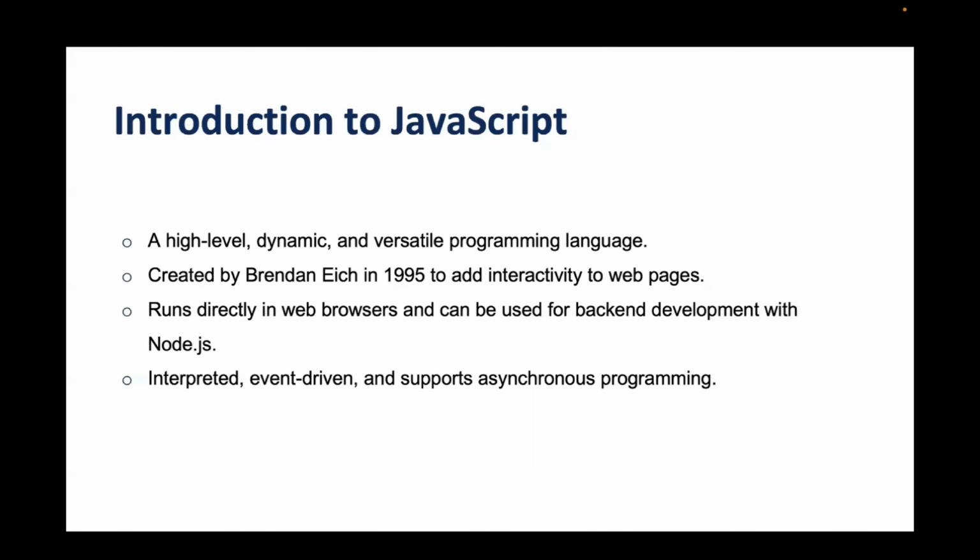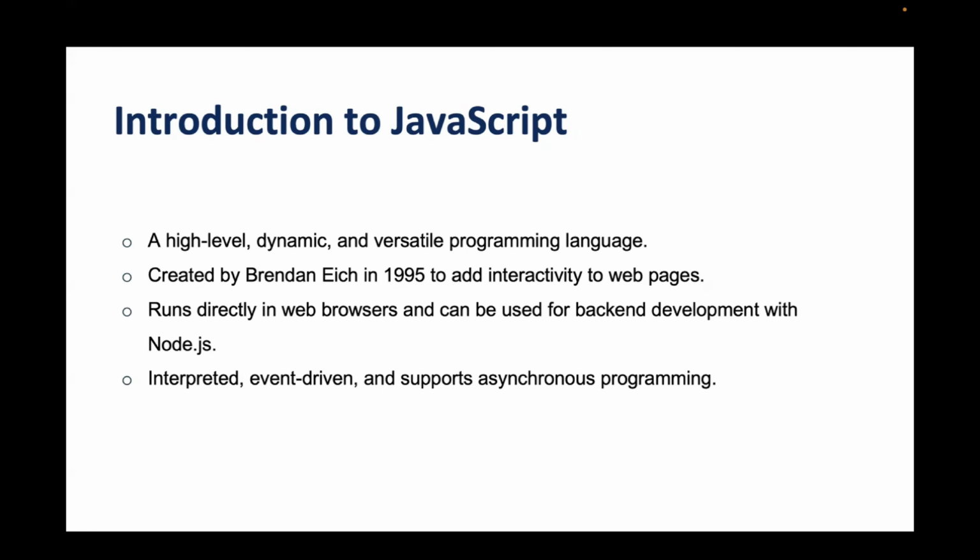So JavaScript in general is a programming language, and it is very popular. First of all, JavaScript is a high-level, dynamic, and versatile programming language. It was created in 1995 by a programmer called Brendan, and it runs directly in web browsers.